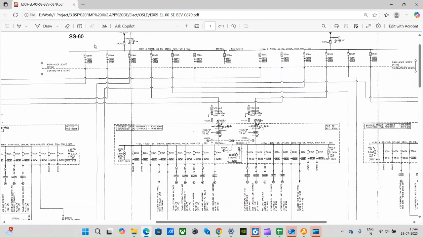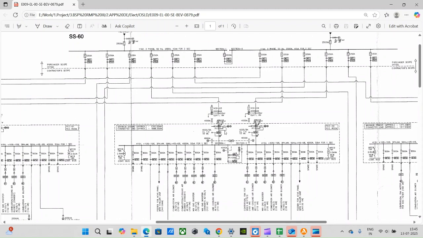Now let me tell you about this. There are six feeders on bus A, as we call it, and let us call this bus B, with another six feeders. If you look at the architecture, let's say this PCC2 has two incomers. This is incomer one, and this is incomer two.